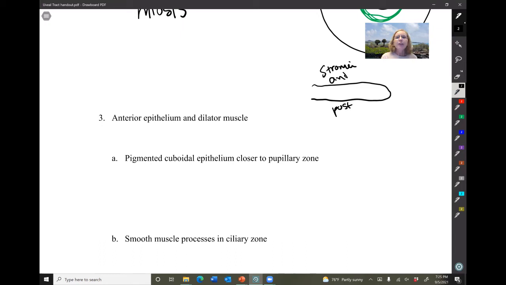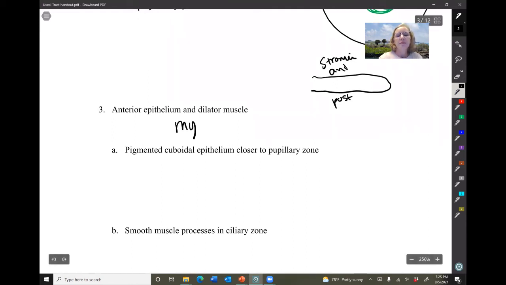The anterior epithelium is actually a myoepithelial cell, meaning that there's epithelium, but there's also muscle. Okay, myo is muscle.